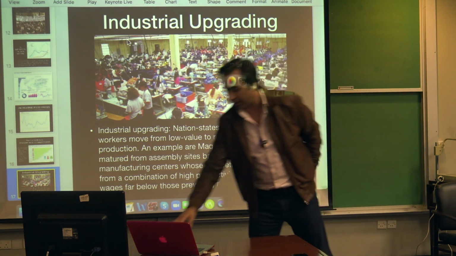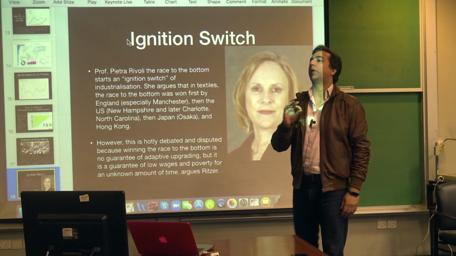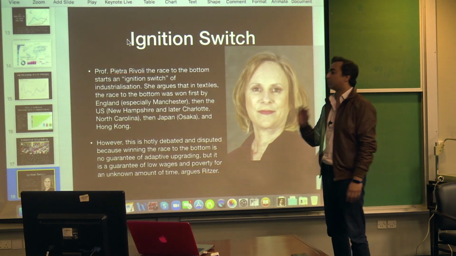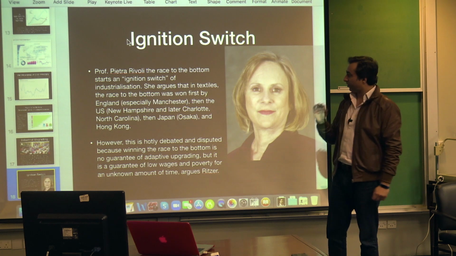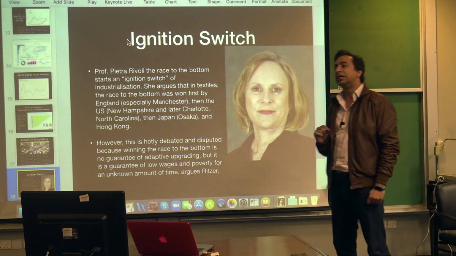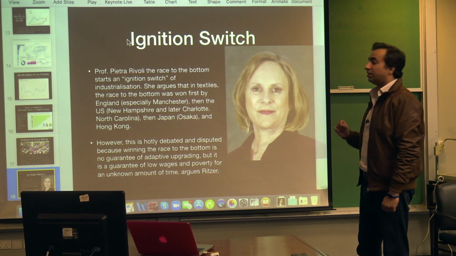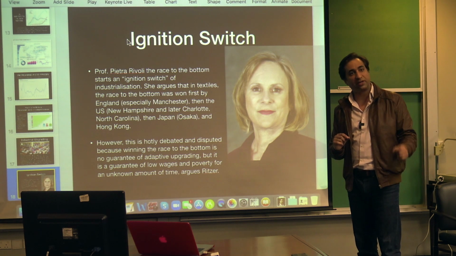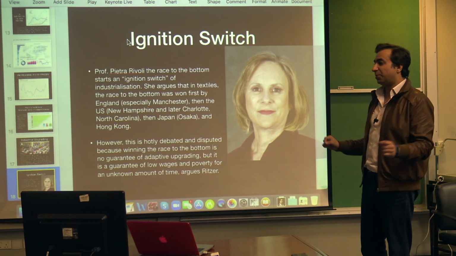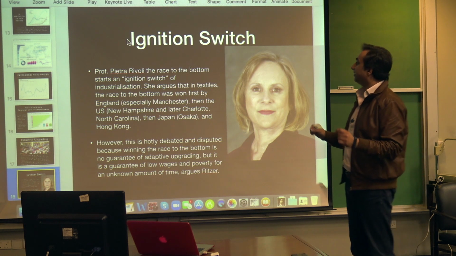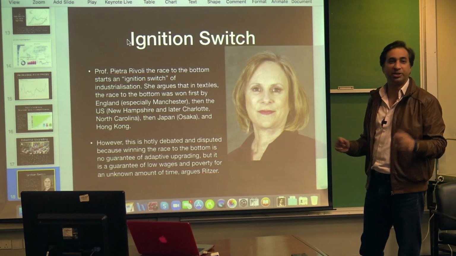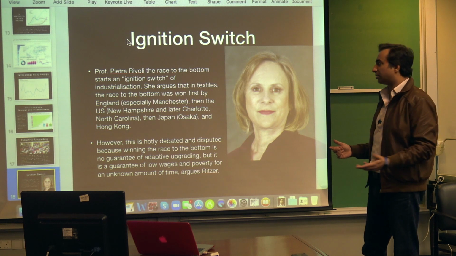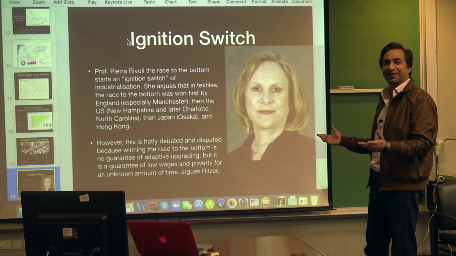But is there industrial upgrading as a consequence of the movement of capital from the first world to the third world? Well, Professor Pietra Rivoli thinks that is the case. She argues that if you look at industrialization, all of these people were in a race to the bottom. In fact, it was England, especially Manchester, where the Industrial Revolution starts in textiles, that won the race to the bottom.